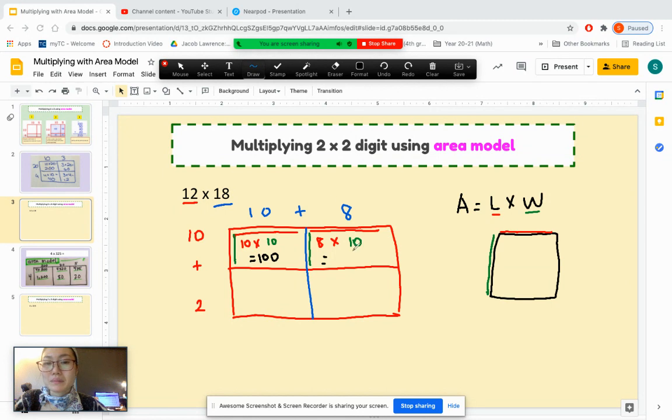If we have multiples of 10, we can only look at the first number and see 8 times what basic fact will give us. 8 times 1 is 8, and all we need to do is add a 0. That means it is 10 times greater than the value 8. We only multiply the basic facts when we are multiplying a factor times multiples of 10.